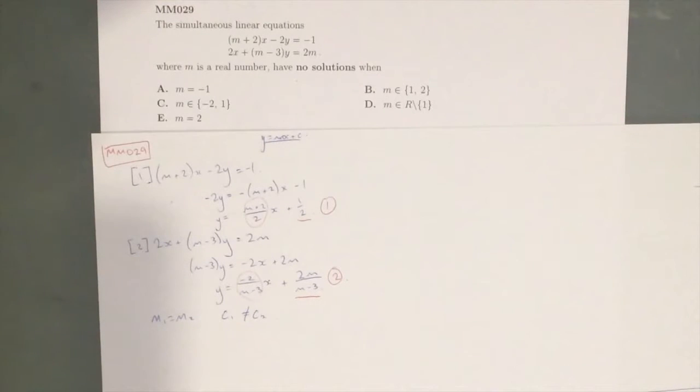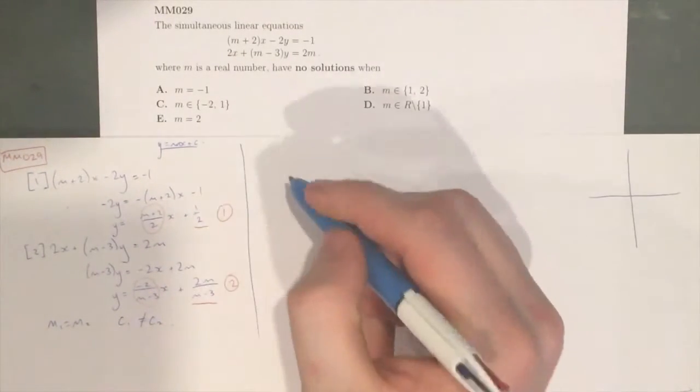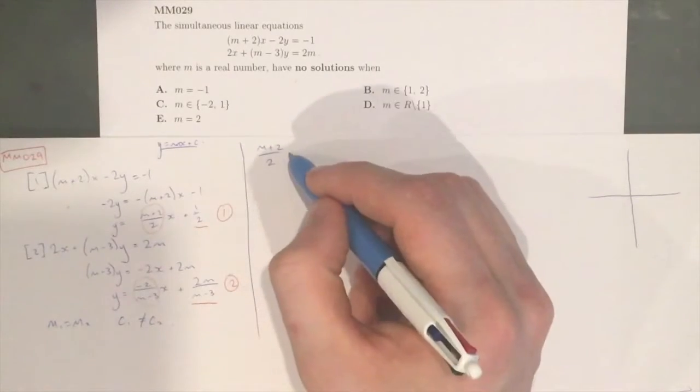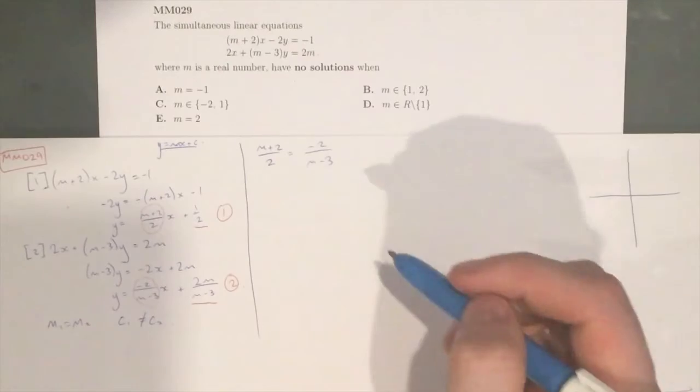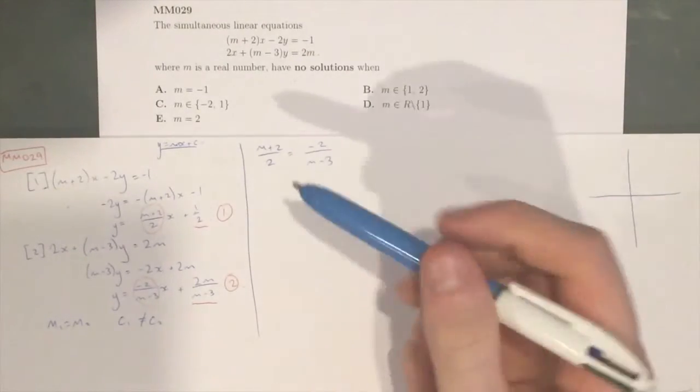What we need to do is find the values of m when those two gradients are the same. So we simply equate the gradients: (m + 2)/2, which is this gradient here, equals -2/(m - 3). We can do that because we have it in the form y = mx + c, and it's a lot more comparable.